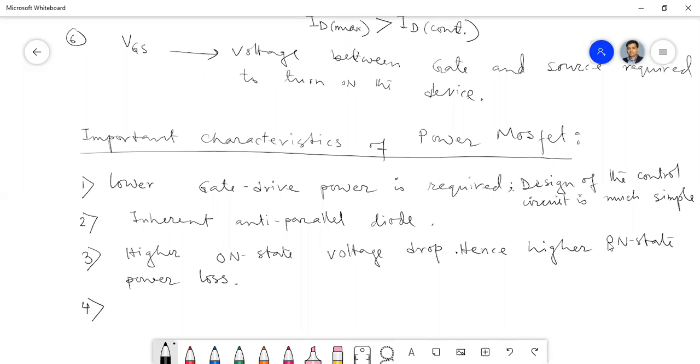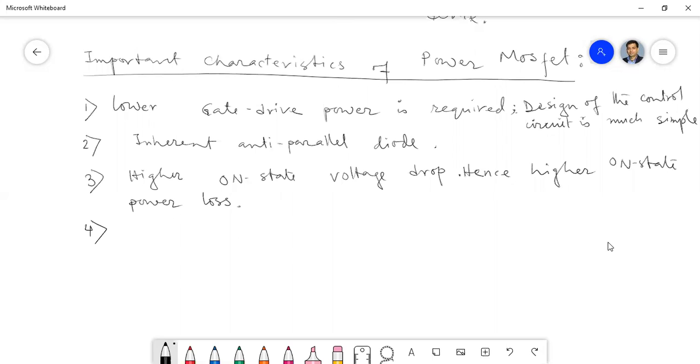The next point is that, unlike the bipolar junction transistor, here we don't have any second breakdown phenomenon. Second breakdown, like in a BJT.